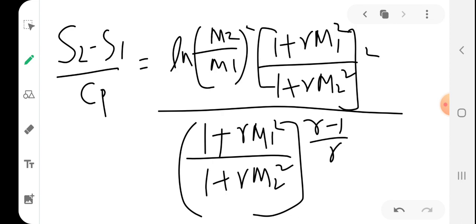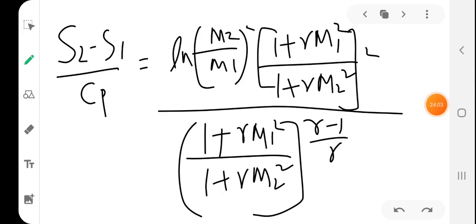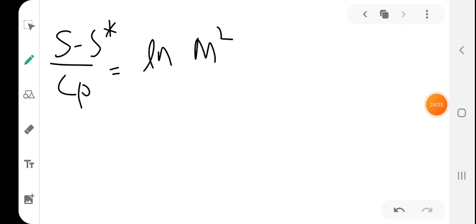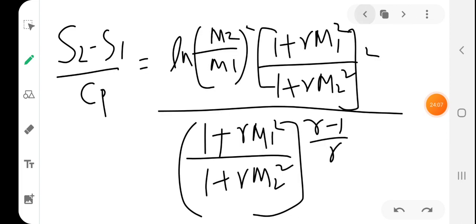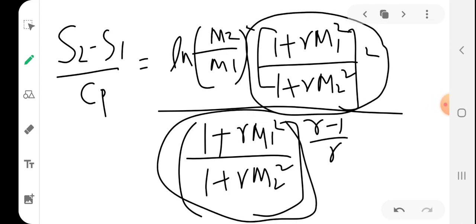Before writing S minus S star, we can simplify this equation a bit more. How? These two terms are the same base, only the exponents are different.